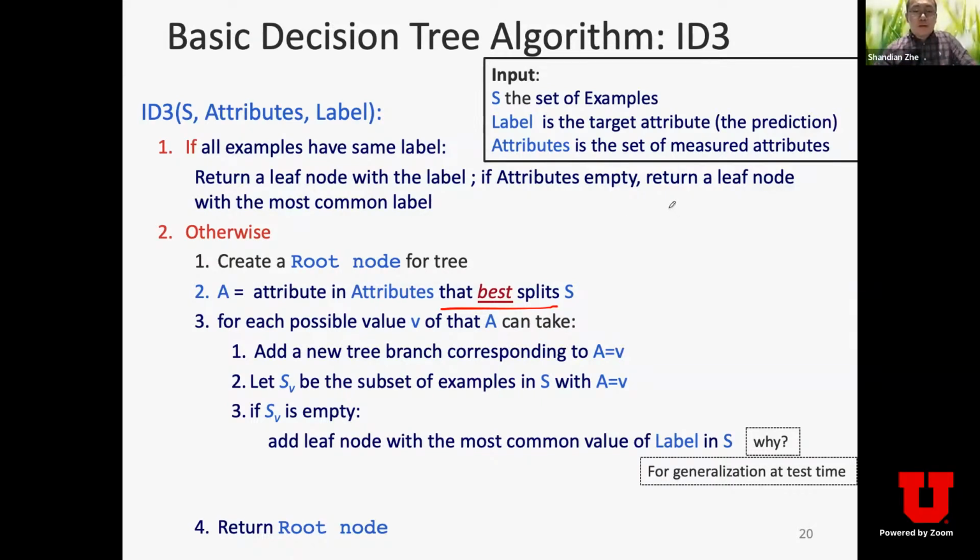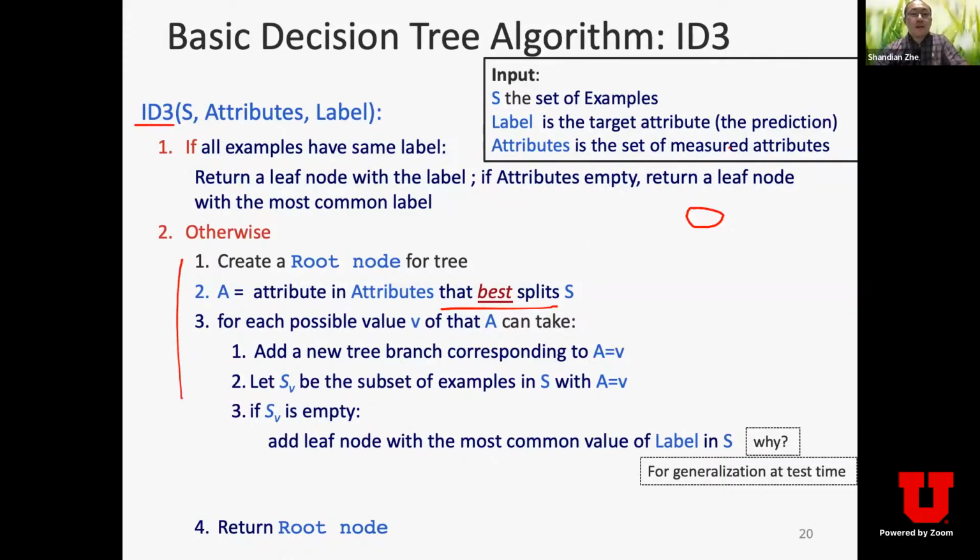So you can imagine, at the beginning, I have this big data set. This is my first call of ID3, right? Say I have maybe 1,000 examples, 50 features or attributes, and those labels. I call ID3, and of course I first test whether all the examples have the same label, which is rare, really not possible. So usually we go to this part.